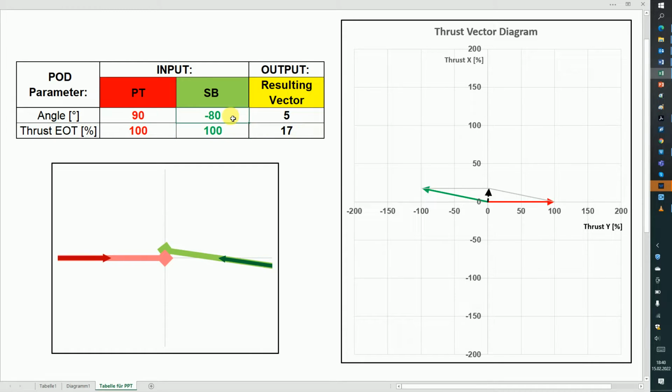If we go to 70, then it's minus 70. It's about this configuration. So if the pods are working against each other, and this one is a little bit forward, then we see a small thrust force exists. Okay, this will be used for the next samples.